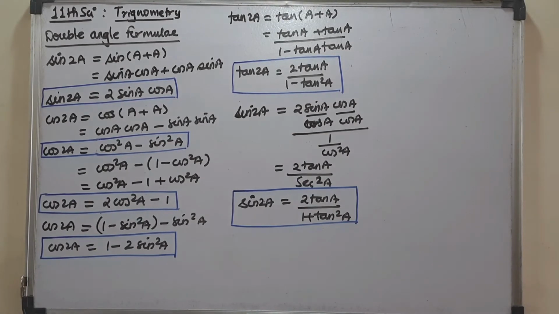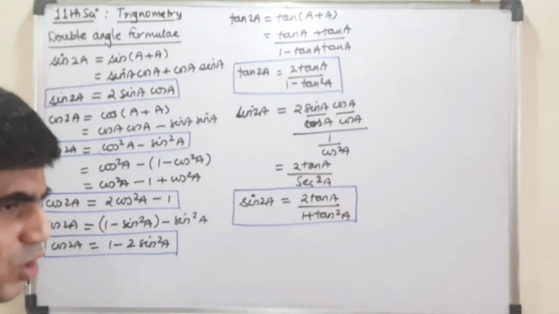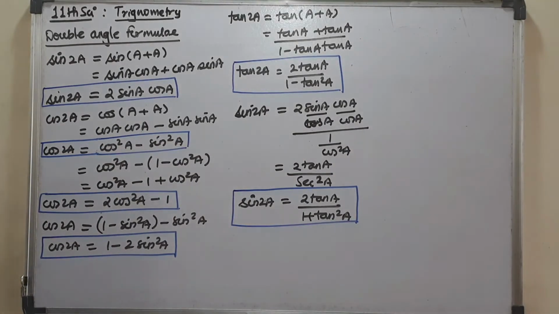Okay? Can I do that same thing over here for cos 2A also? If I get cos 2A also, it will be good.